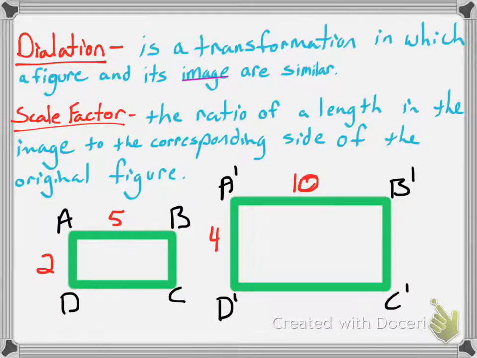So, how did we go from 5 from the original figure, the old shape, to 10, the new one? Well, think about it. 5 times what gives you 10? 2.